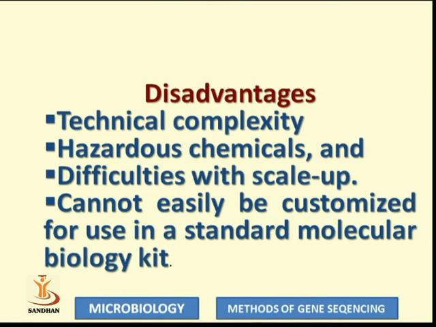It can be utilized only for small fragments, and it cannot be customized in a standard molecular biology kit. So this technique did not become popular and is not much used in the field of molecular biology. Due to this, in the earlier part the sequencing technology was in a premature stage, and we got very few sequences with this technique.